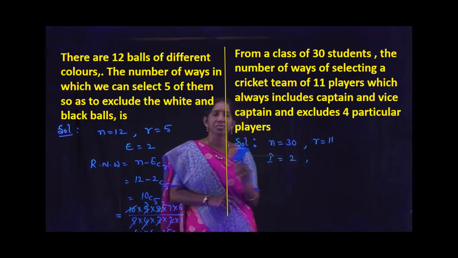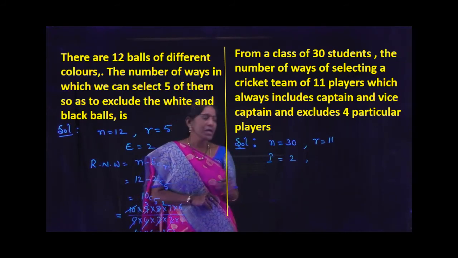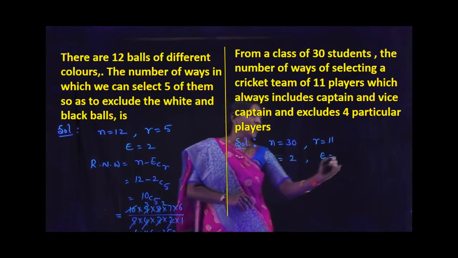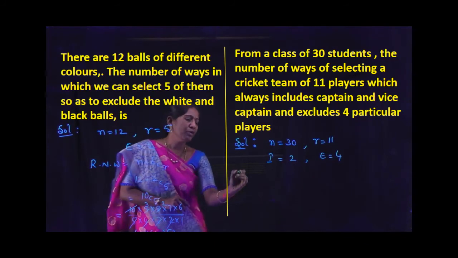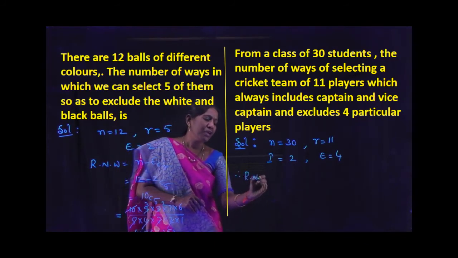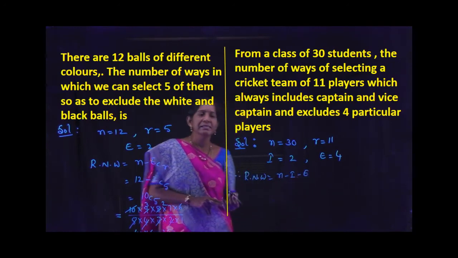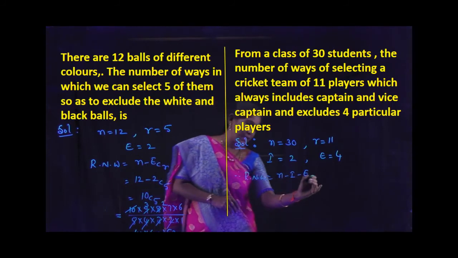So i is 2. And it excludes 4 particular players, excluding things denoted by e. So e is 4. Therefore, the required number of ways, with including and excluding things, is n minus i minus e C r minus i.